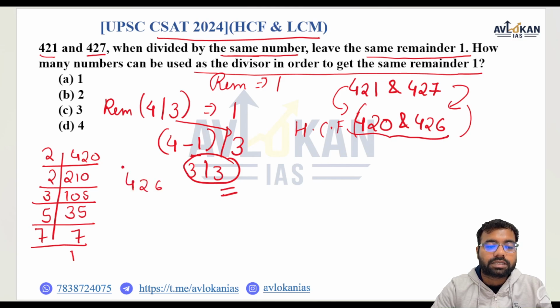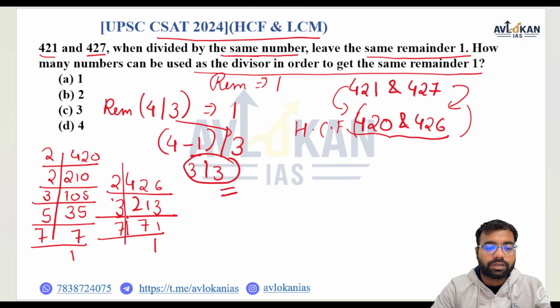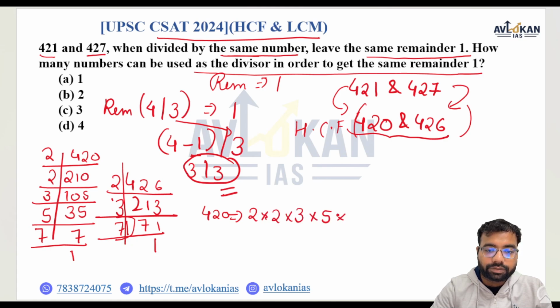And 426: 2, this becomes 213, then 3, 71, and since 71 is a prime number, this is 71 times 1. So we can write 420 equals 2 into 2 into 3 into 5 into 7, and 426 is 2 into 3 into 71.